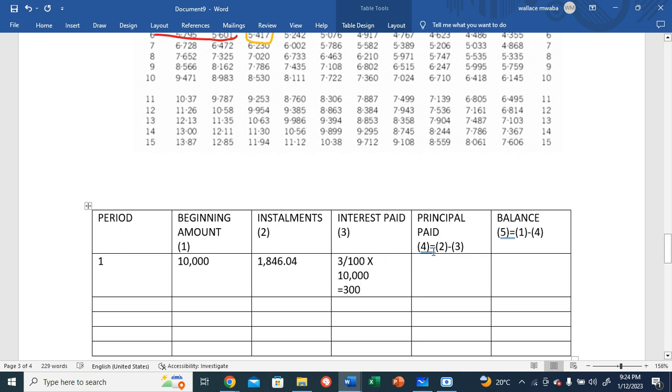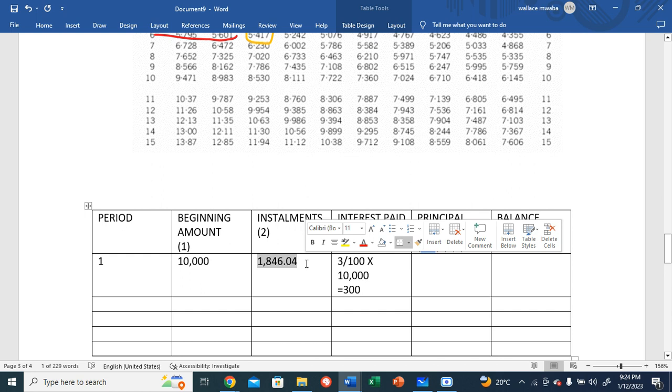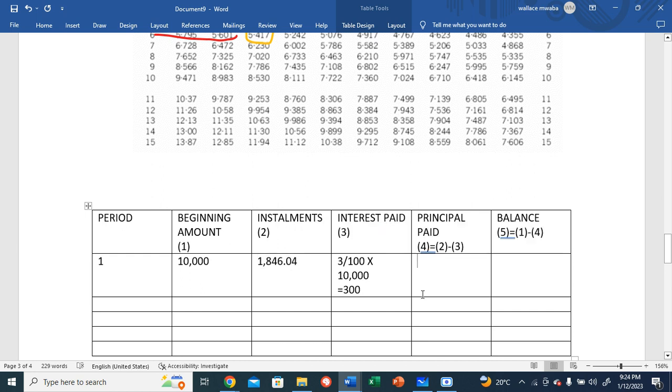Principal paid, as you can see, is column 2 minus 3, installment minus interest paid. So 1846.04 minus 300. What do we get?